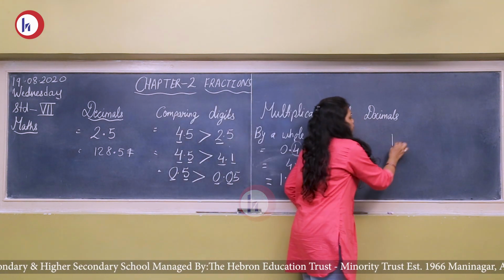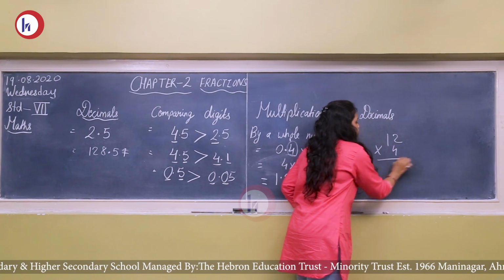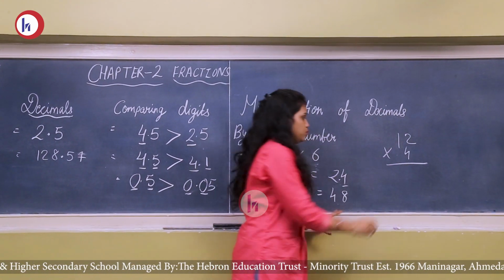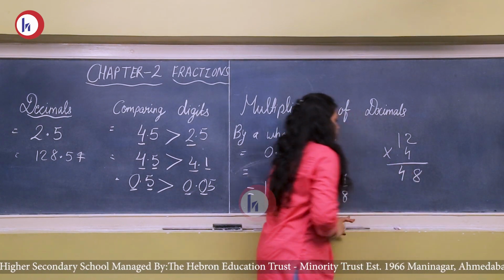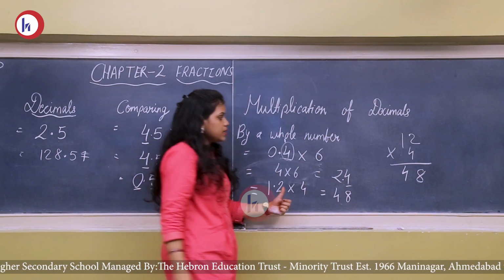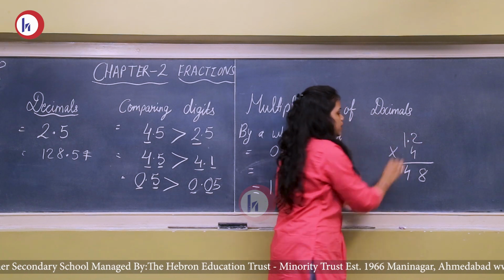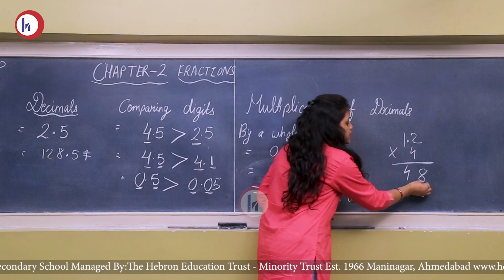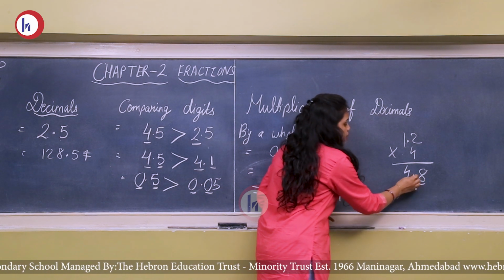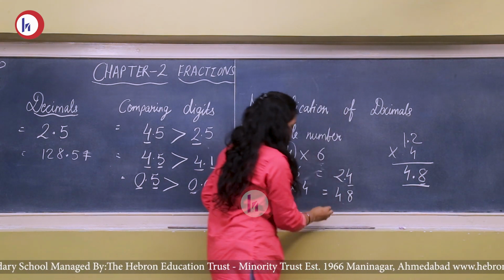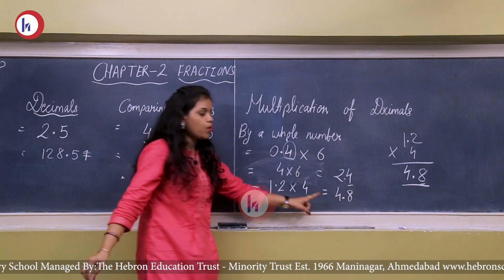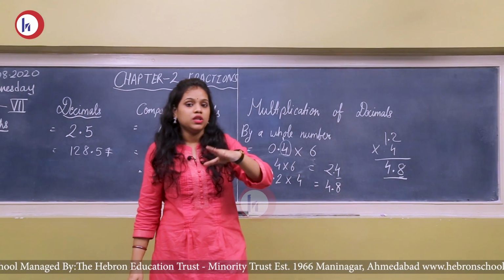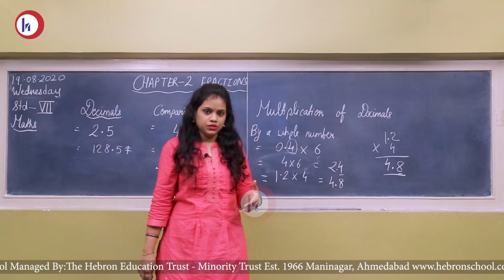You will multiply 12 into 4 first, without the decimal. 48. Then how many digits are after the decimal? There is one digit after the decimal, so in the answer you will start from the unit place, and after 1 digit you will put the decimal. So your final answer will be 4.8. In this way we can do multiplication of decimals with whole numbers.